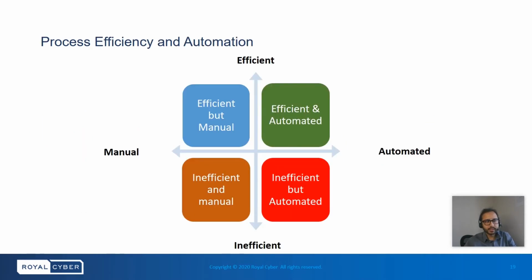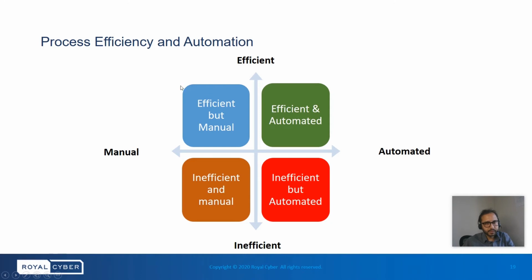So let's see a quadrant system here. We have inefficiency here, we have efficiency here. So we are talking about processes that we are automating, and we have manual processes. We want to achieve automated processes. So let's see if a process is very efficient somewhere here and very manual somewhere here.